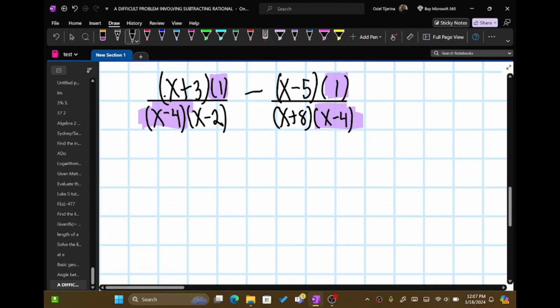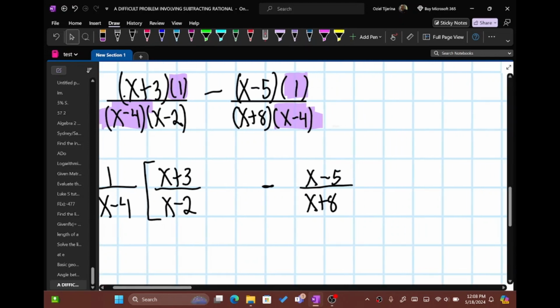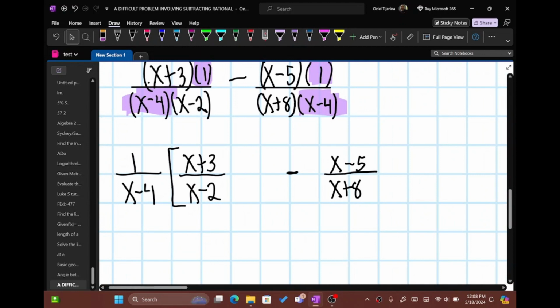So I'm going to take that out, so 1 over x minus 4, and I'm going to factor that out and multiply it by the x plus 3 over x minus 2 and then minus, and then x minus 5, and actually let me separate it a little more. Minus, and there's a reason why I'm separating it out, guys. Over x plus 8.